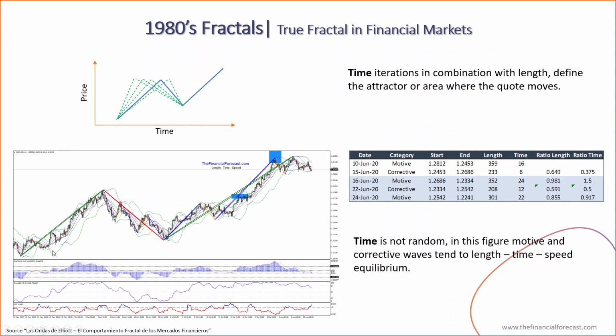And here we have an example of how the different waves at different degrees are connected not only in time, but also in length. Here we have the different relationships in length and the different relationships in time. And we can see most of them are close to Fibonacci ratios. That is really important to understand at the moment you are analyzing the financial market, at the moment you are building an automation.